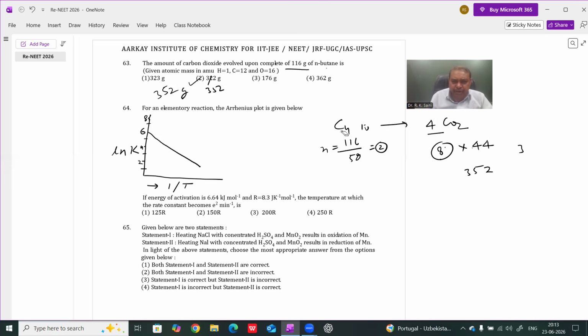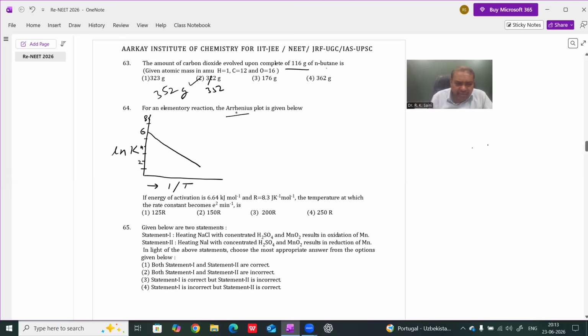Very important question taken from chemical kinetics as well as a combination of thermodynamics. In this question, an Arrhenius equation graph is given, ln k and 1 upon T. We know the Arrhenius equation: k equals A e raised to the power minus Ea upon RT. We write it in terms of ln k equals ln A minus Ea upon RT ln e.